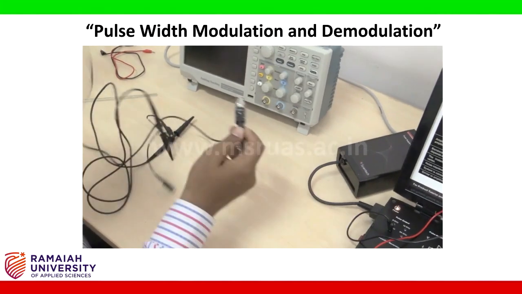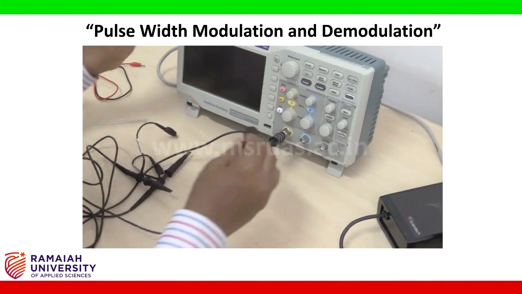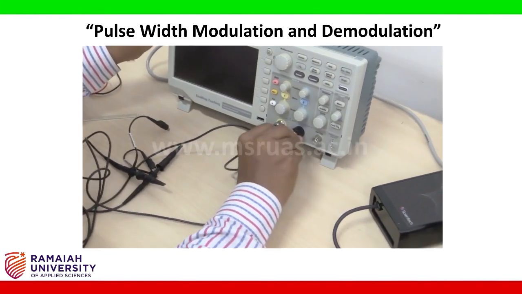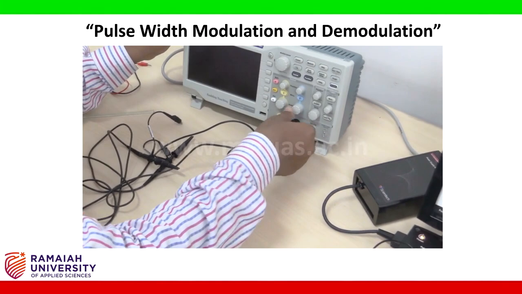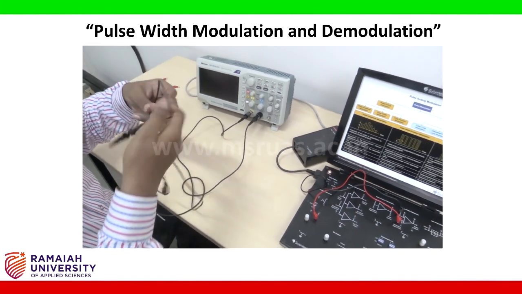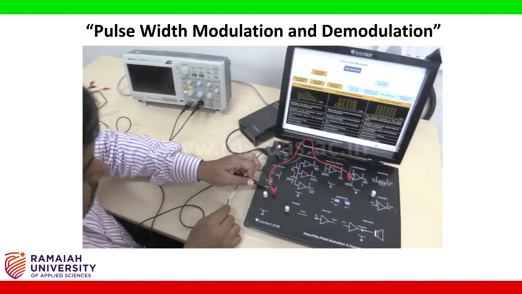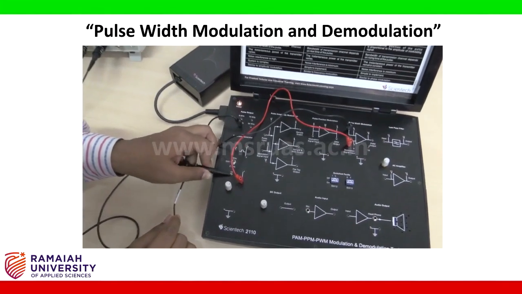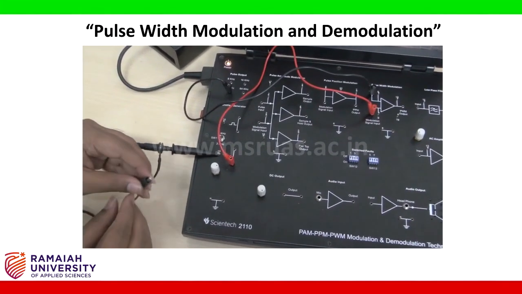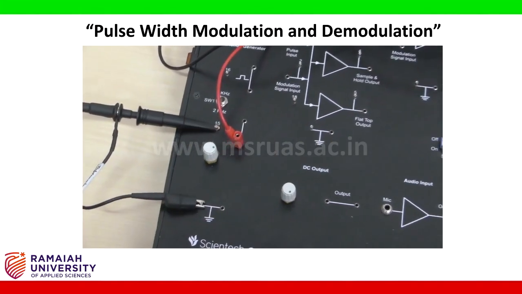Connect the probes for channel 1 and channel 2 of the digital oscilloscope. Channel 1 is connected to the message signal. Positive terminal is connected to pin number 15, which gives the sinusoidal waveform, and the negative is connected to the ground.